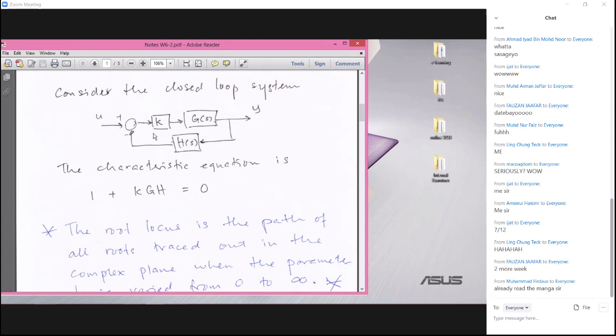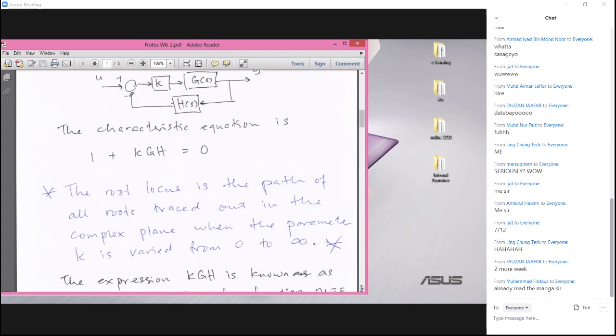K here is our design parameter. It is the controller gain. We have seen that yesterday, for some systems, when K becomes very large, the system becomes more and more unstable. So the root locus method will tell us the location of the roots when K varies from 0 to infinity.